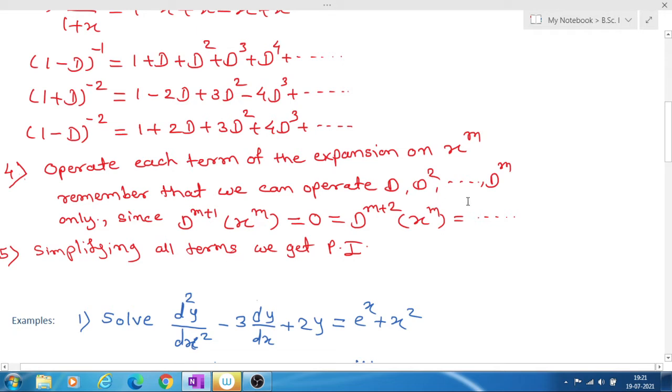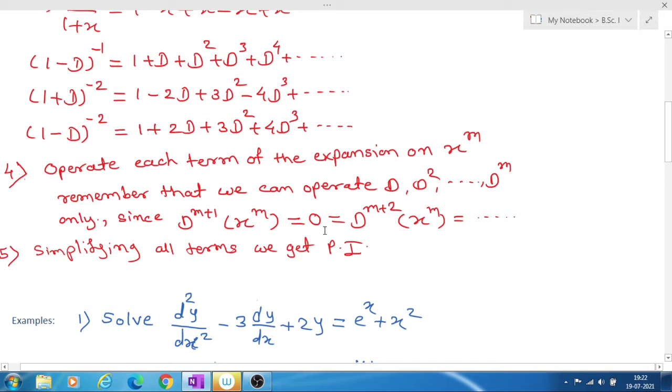So we have to take only those terms where we can get a derivative. If the power of x is m, then you know that up to d raised to m we can get a derivative. After d raised to m, that is d raised to m plus 1, when we operate on x raised to m, it will be 0.